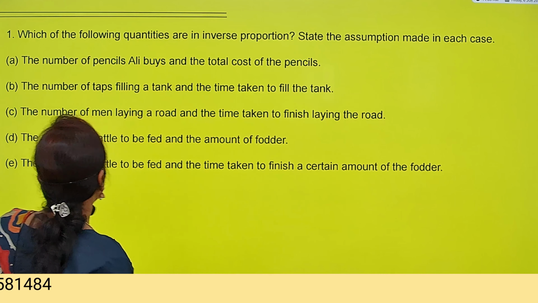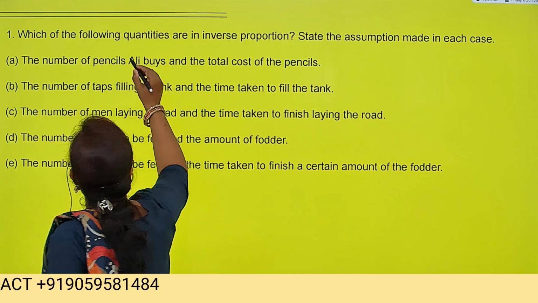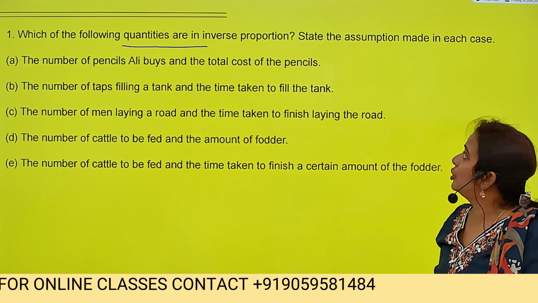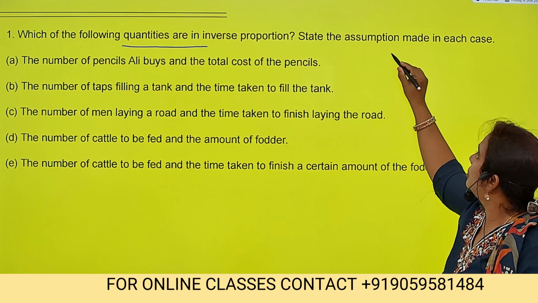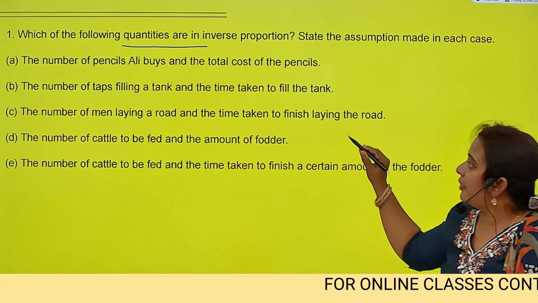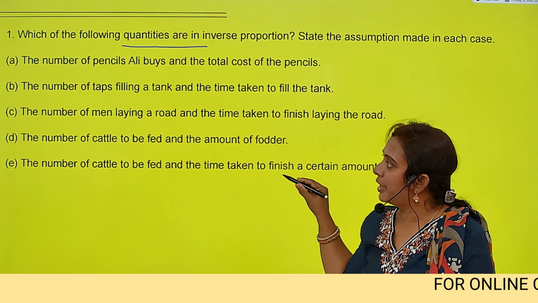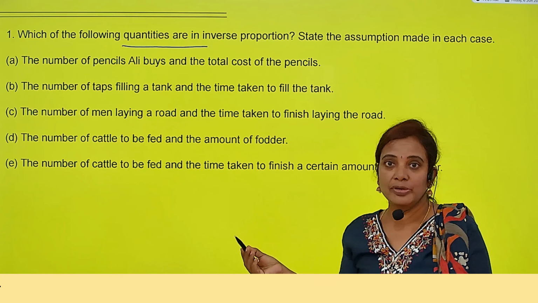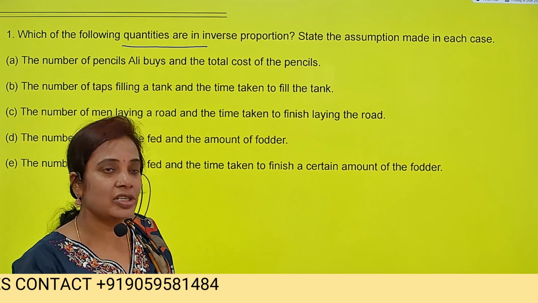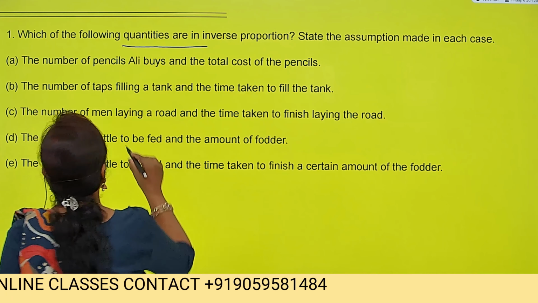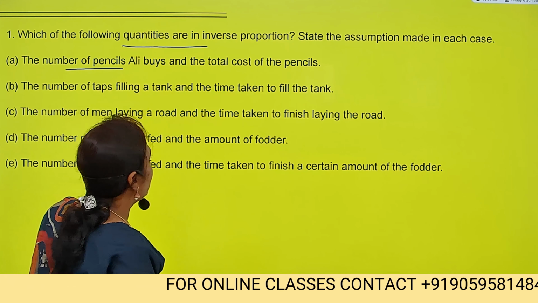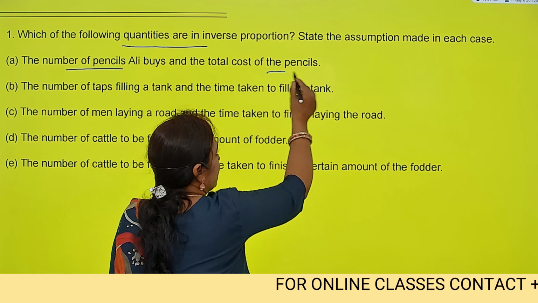The question is, which of the following quantities are in inverse proportion? State the assumption made in each case. Here we find out in these five cases which is the inverse proportion and which is the direct proportion. They are asking only for inverse proportion. First, the number of pencils Ali buys and the total cost of the pencils.